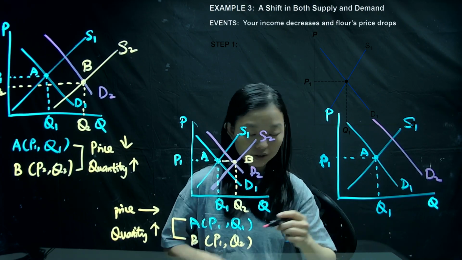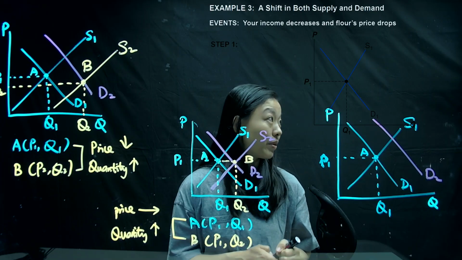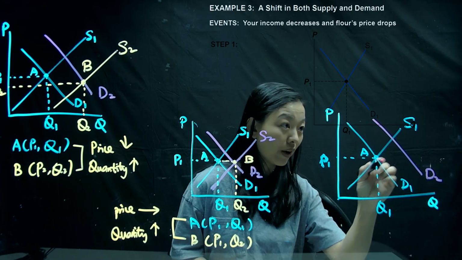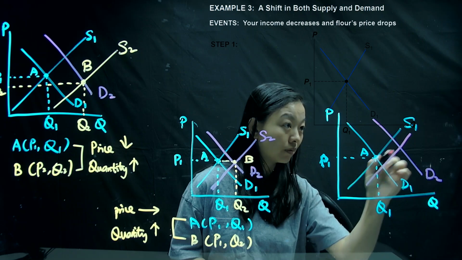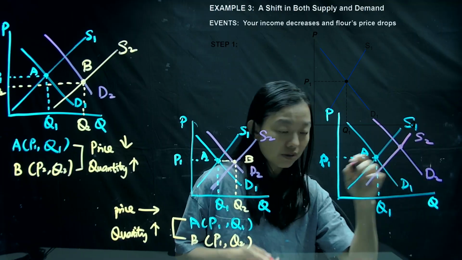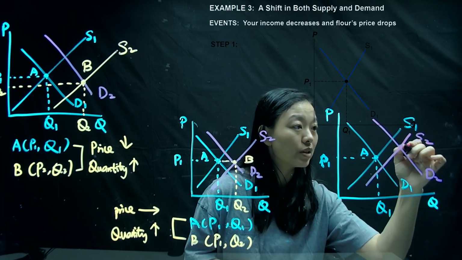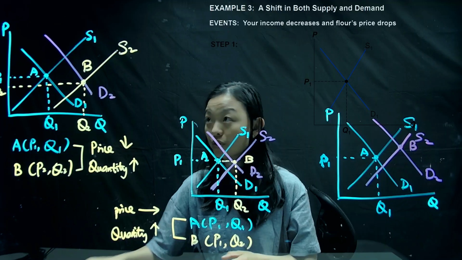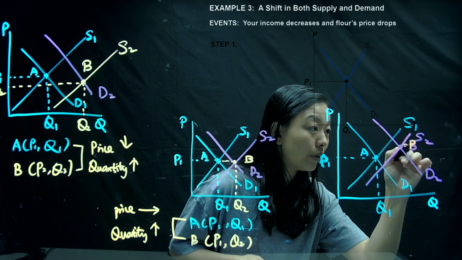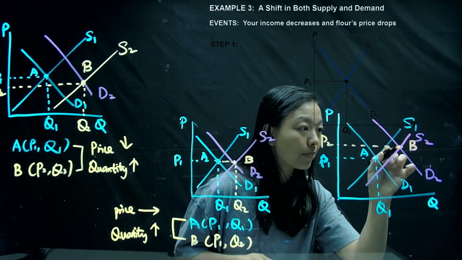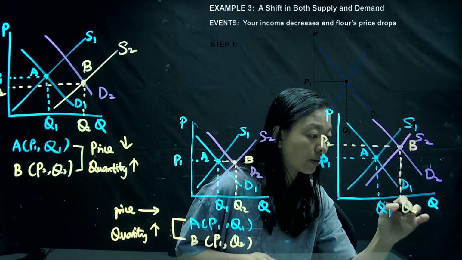This will be our demand curve. For the supply side, it will shift the supply curve to the right-hand side as well. And then that results in a new equilibrium point, okay? This one is point B. And look at this point B, what happens? At this point B here, we have price at P2 and quantity at Q2.